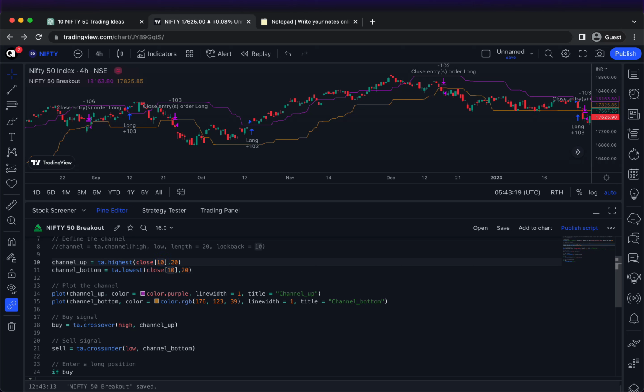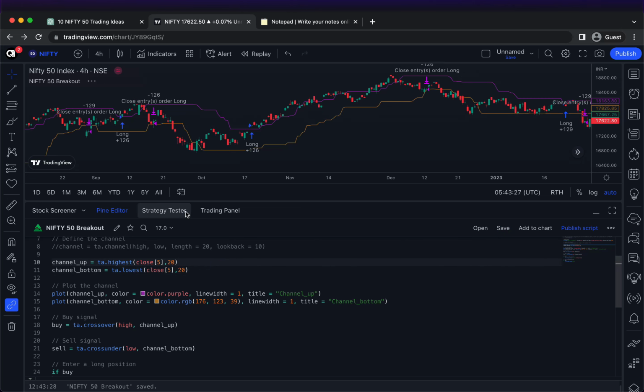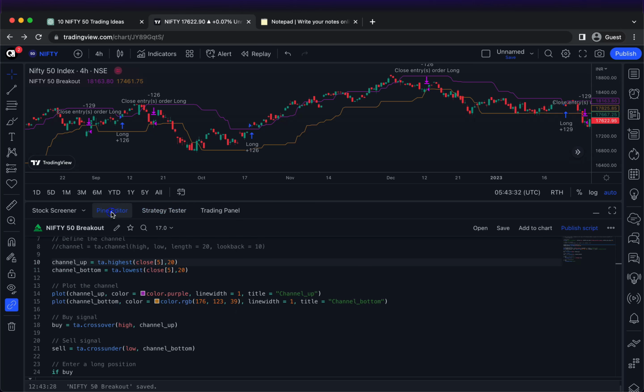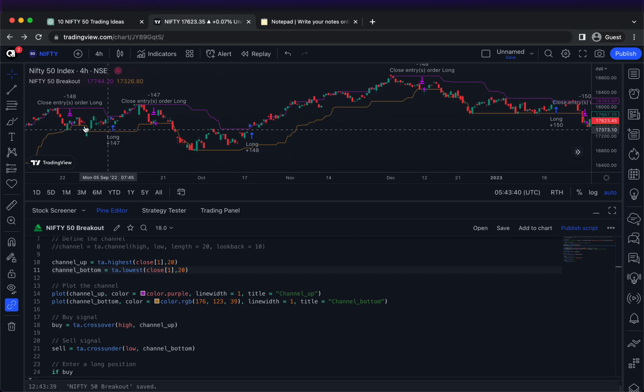So we're keeping the price, and let's just do some optimization. Maybe there will be better results. I think let's put the 5 days look back. Yeah, and you see the profitability is increasing to 127%. And let's change it to 1 day look back. Let's see if the profitability will be better.